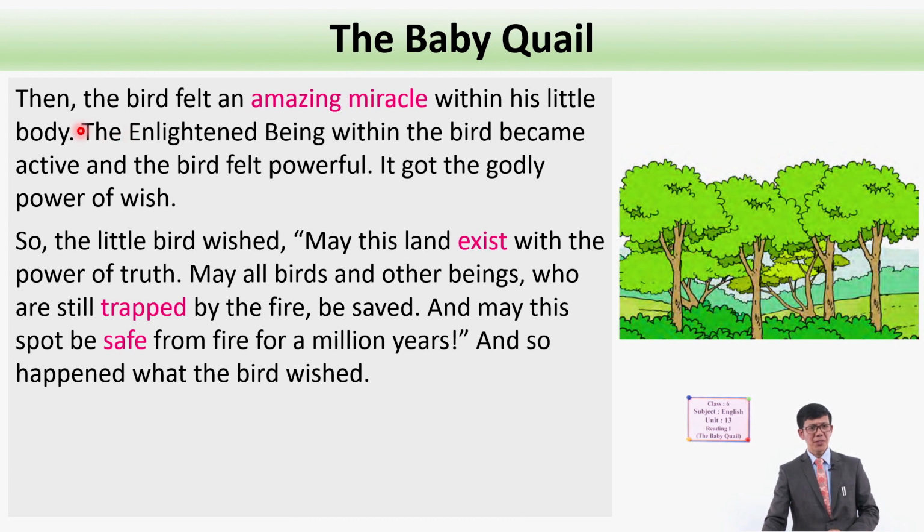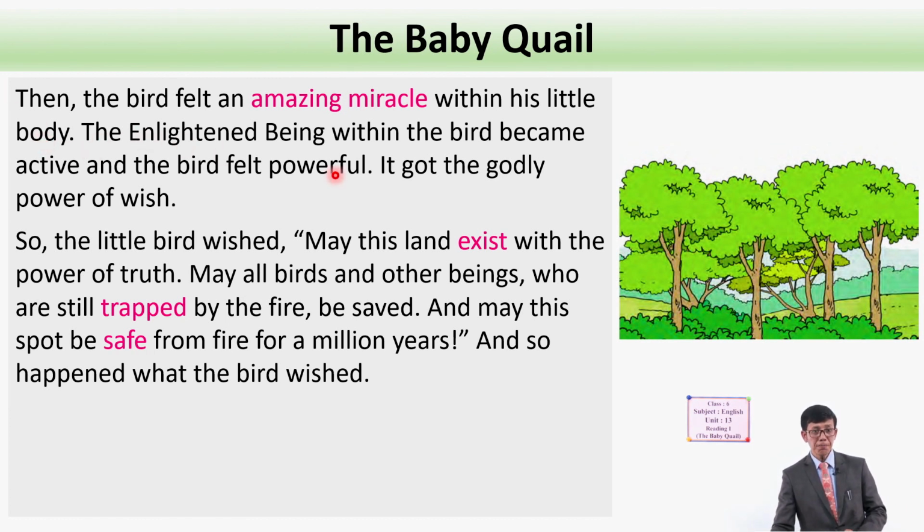Look, then the bird felt an amazing miracle. When the baby quail was really sad about his loneliness there in the jungle during the fire, the bird felt an amazing miracle within his little body. What happened in his body?